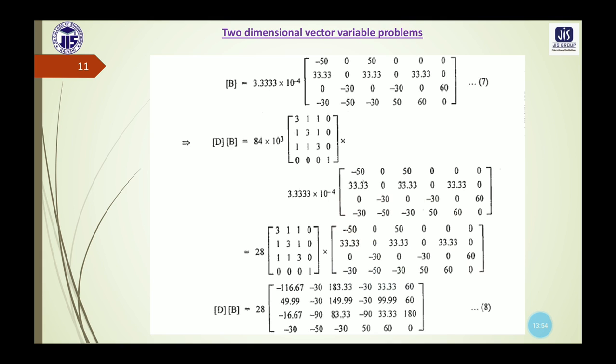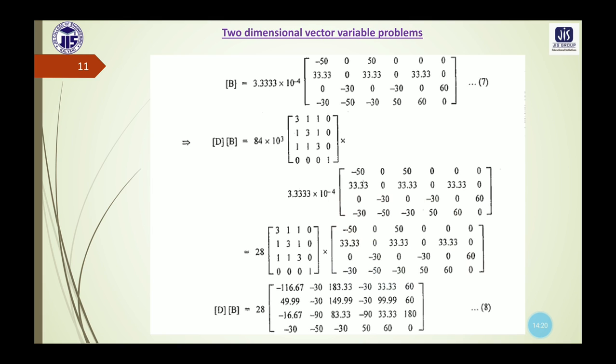Now we need to perform the matrix multiplication of D and B matrices. So the value of D matrix we have calculated earlier, and the value of B matrix we have calculated just now, which you can see in this equation number 7. So we need to put the values of these two different matrices, and then we need to perform the matrix multiplication.